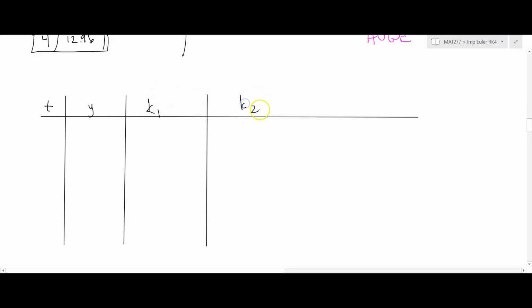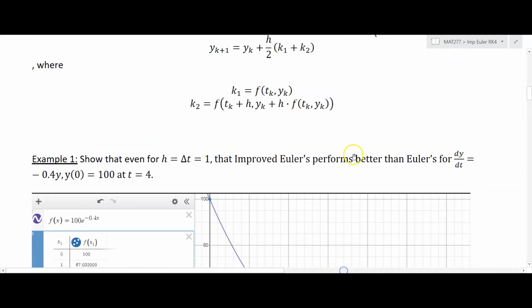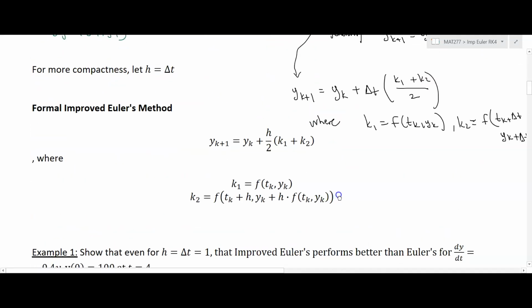And K2. Oh, and one thing we forgot to point out back in our general formula is that we're going to use H instead of delta T. It's just a little more convenient, since these formulas can get kind of messy.